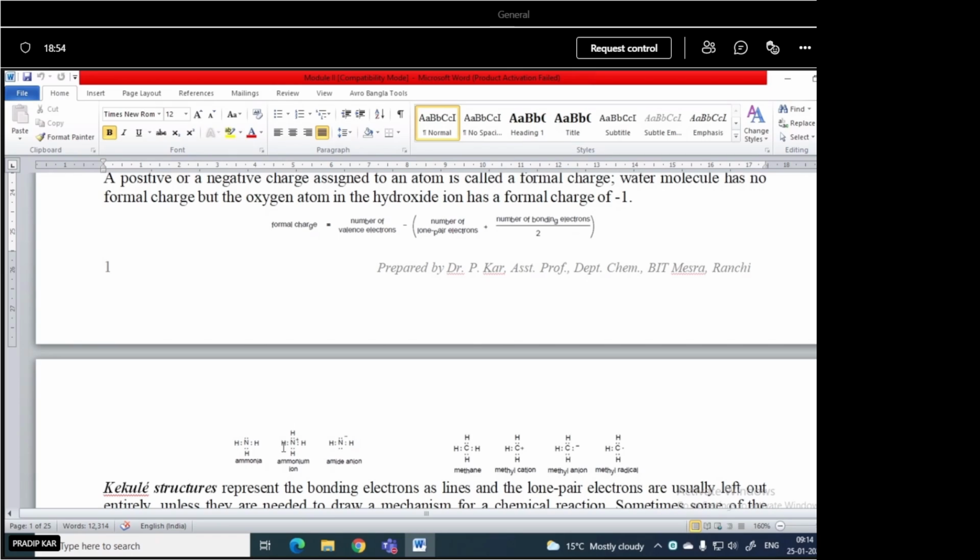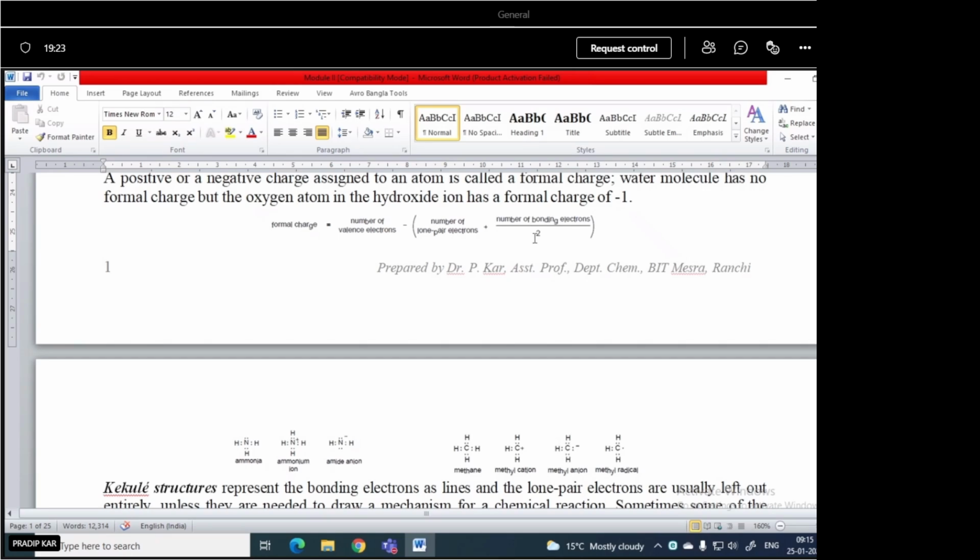In the case of the ammonium ion, if you calculate, you will see that there is a formal charge, plus or minus. For this, the number of valence electrons is again 5, the number of lone pair electrons is 0, and the number of bonding electrons is 1, 2, 3, 4, 5, 6, 7, 8. 8 by 2 is 4.